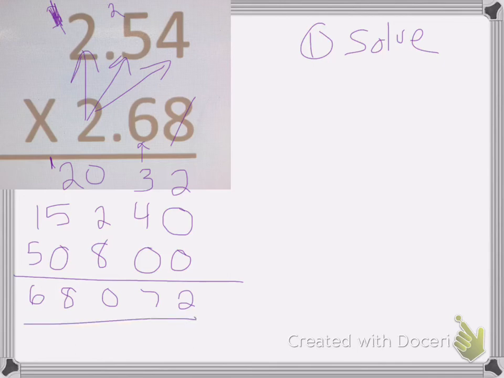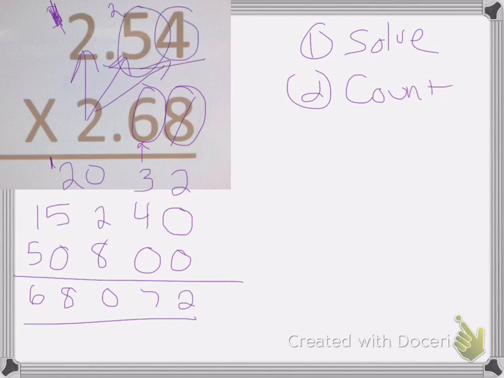Oh, we need to make sure that we do step 2 and count. We've got 1, 2, 3, and 4. You can see there's 2 here and 2 here. 2 and 2 gives us 4 decimal places. So we need to make sure that we move our decimal 1, 2, 3, and 4.